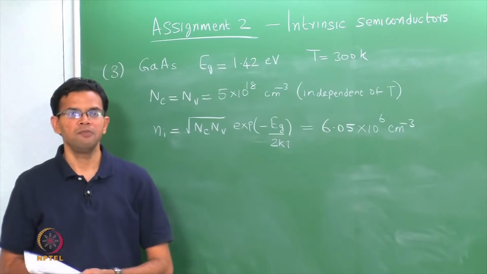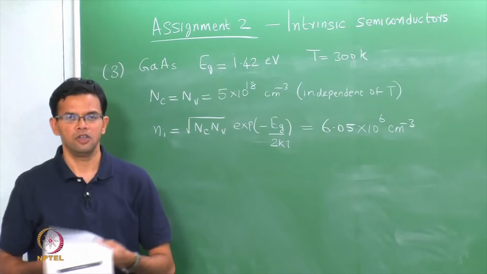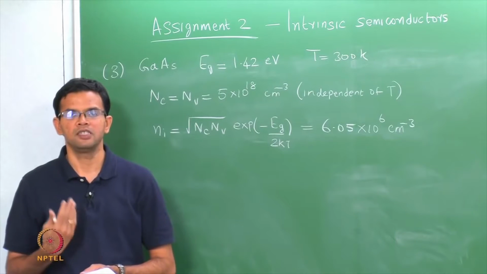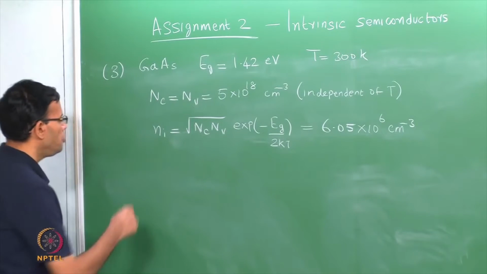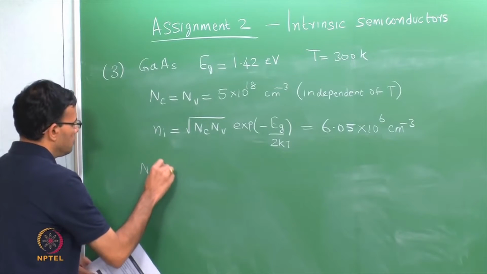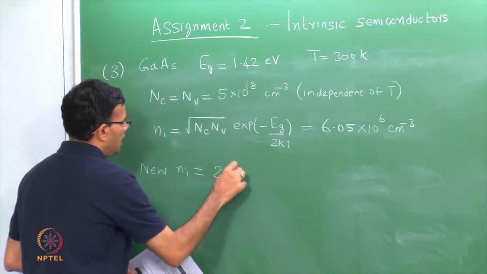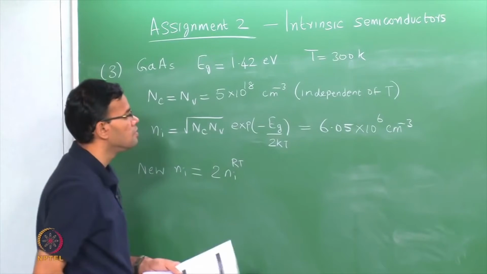So, we want to keep this semiconductor a pure semiconductor, but at the same time we want to increase the value of Ni. So, the new value of Ni that we want is double of the Ni value at room temperature.